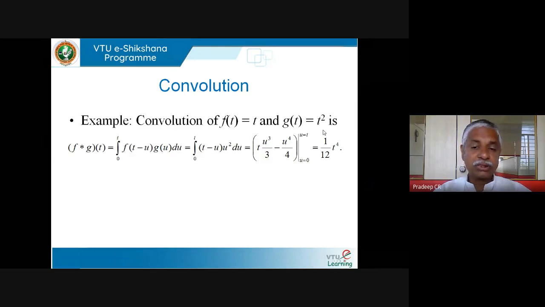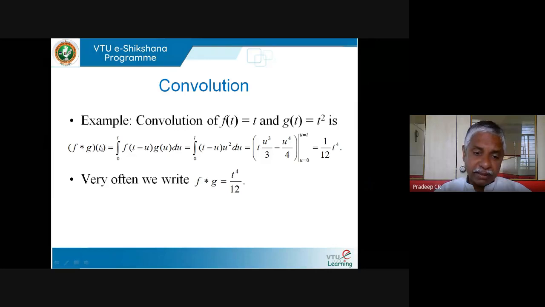I won't go too much into geometry, but just to give you a feel of it, I'll plot these three curves and show you. One more notation before I go about plotting: I won't keep writing f star g of t.